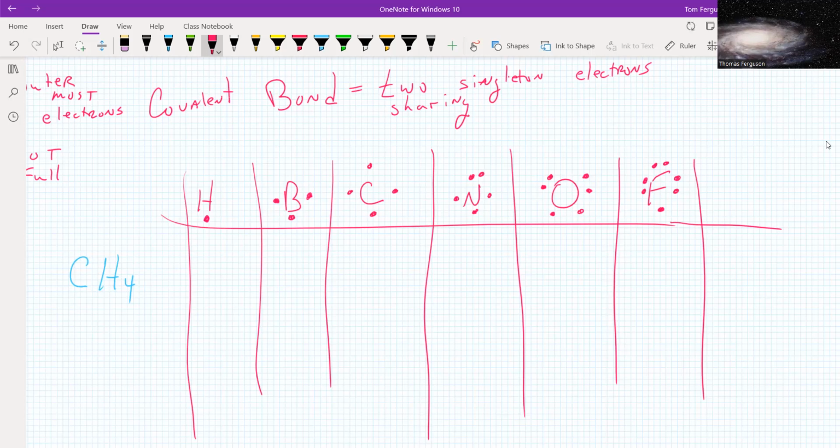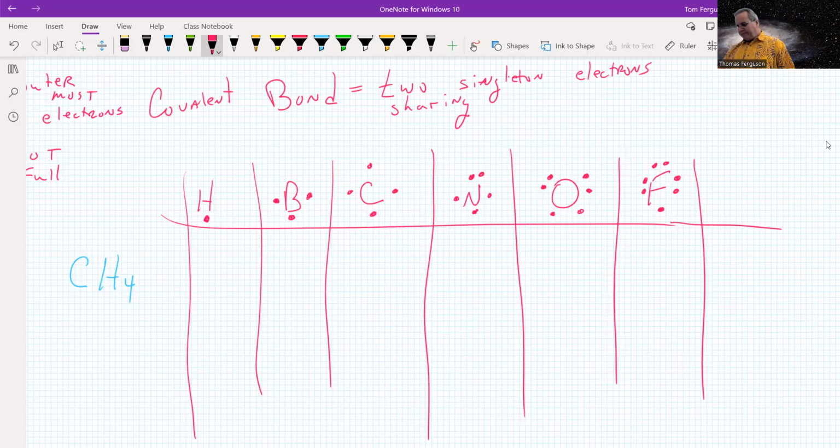A covalent bond is a sharing of 2 single electrons to form a pair. Okay, so the pair is a bond. Now it's got to be on 2 different atoms to be a bond. It can't bond to itself. All right. So Lewis structures involve both ionic and covalent. We're going to focus on covalent in here.